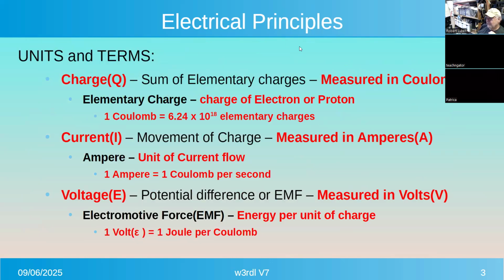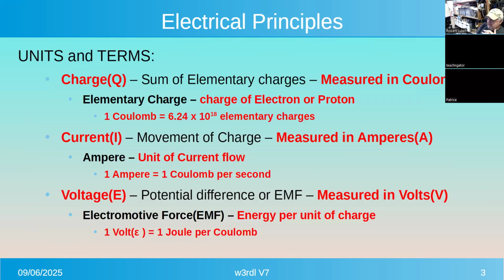So some of the terms. There's a thing called charge, which is the total amount of elementary charges, and we measure those in coulombs, named after some old scientist. I think he was French, I'm not sure.